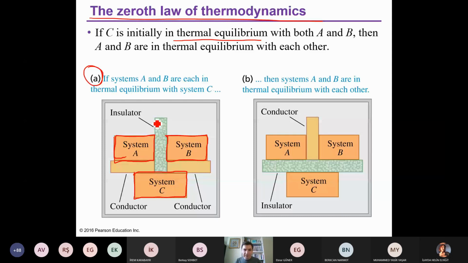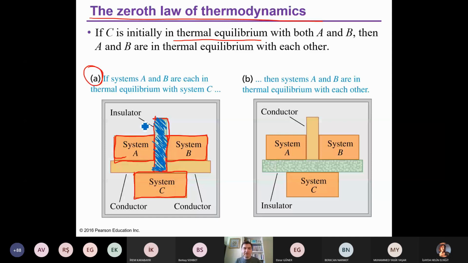Let me use another pen color. Here we have an insulator. This is thermal insulator. So this material is used to insulate these two systems, system A and B.